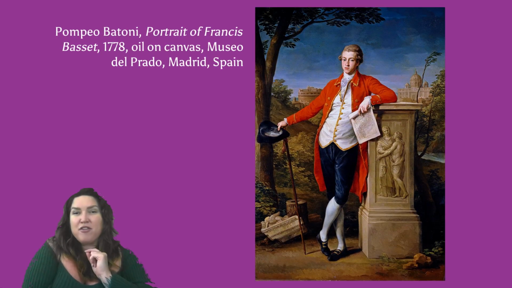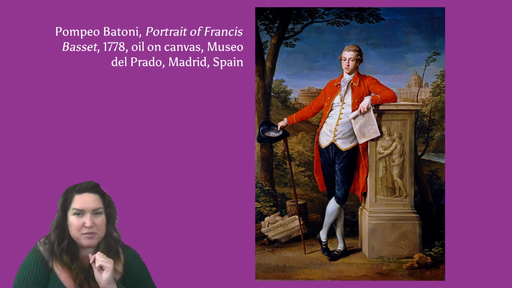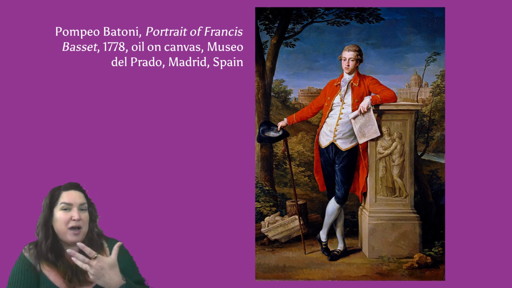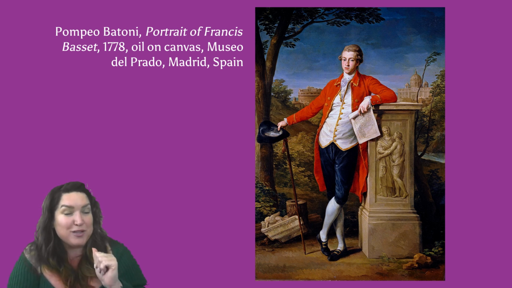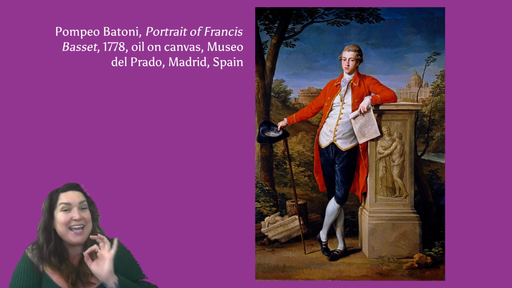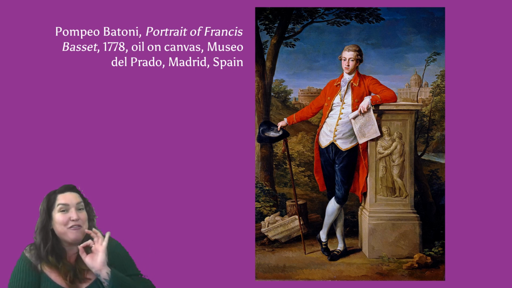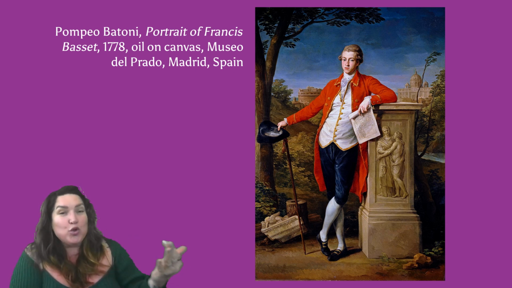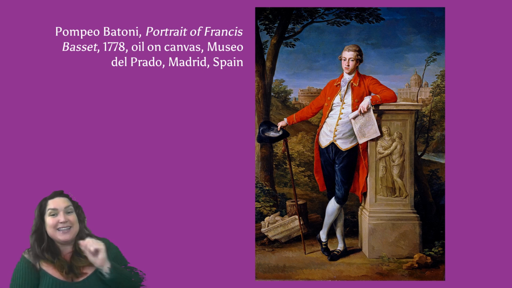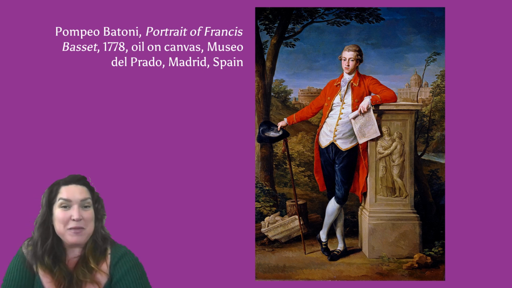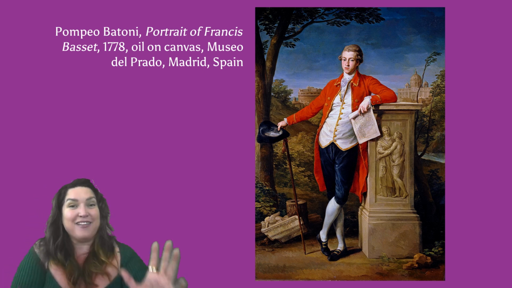Here we're seeing another grand tourist. This is Francis Bassett, depicted here by the Italian painter Pompeo Battoni in 1778. And actually, this was a great market for artists like Battoni. There was a whole new market for painters in Italy. They had all of these tourists coming to visit Italy, and so they had a lot of work.